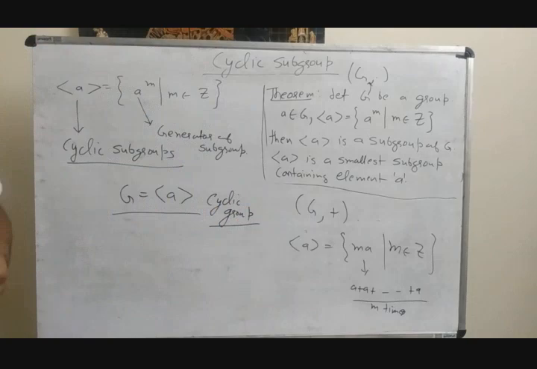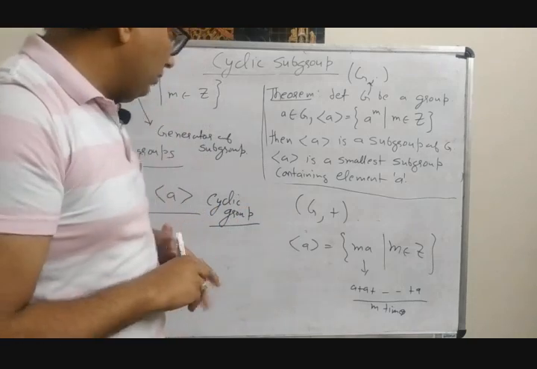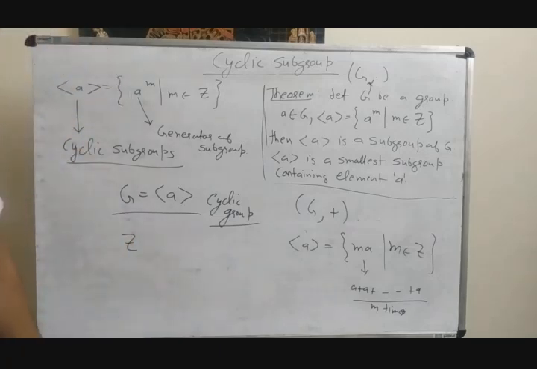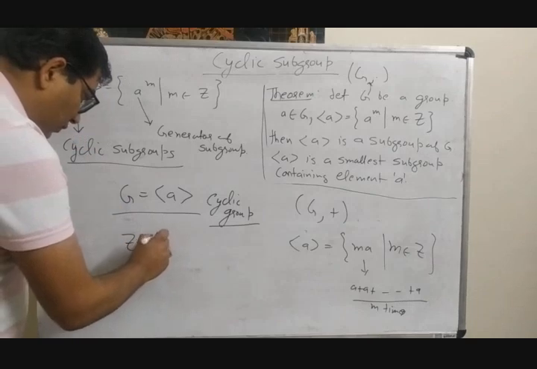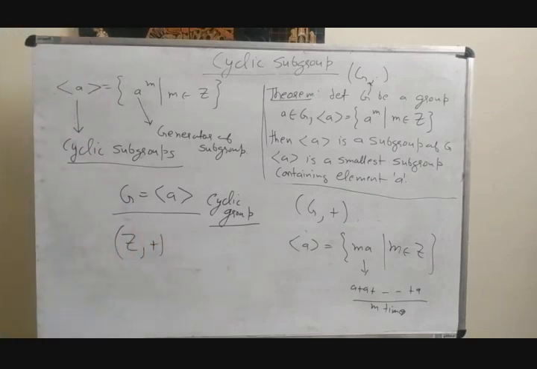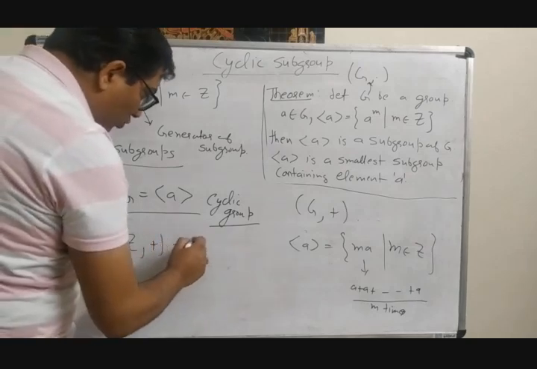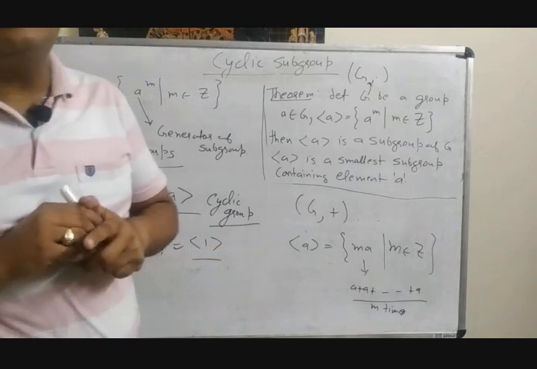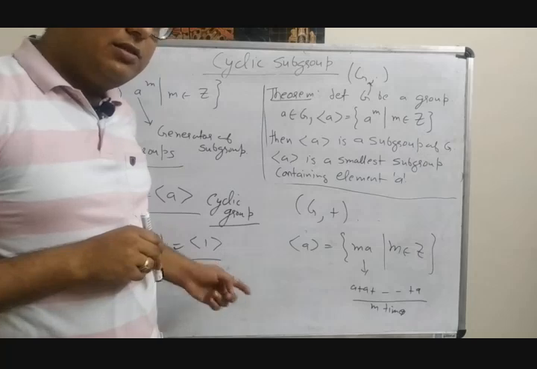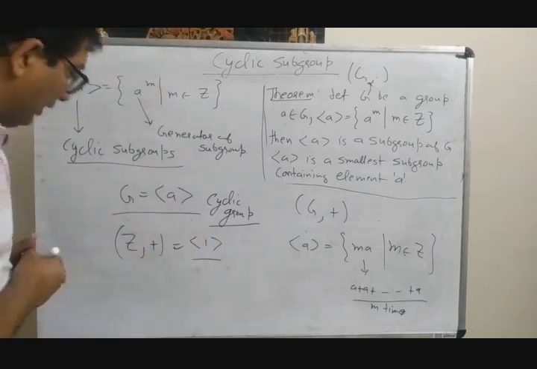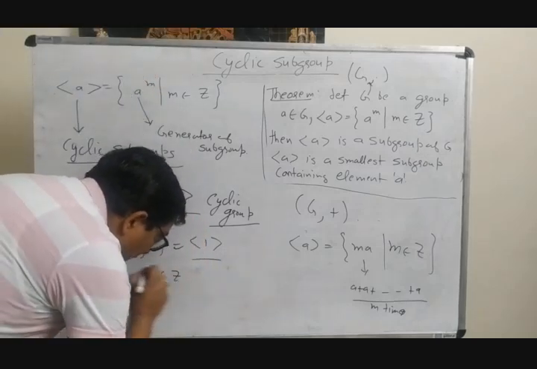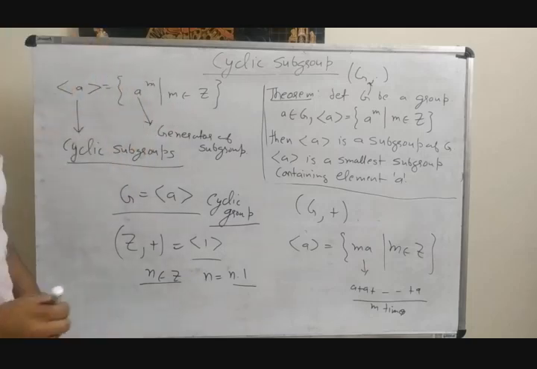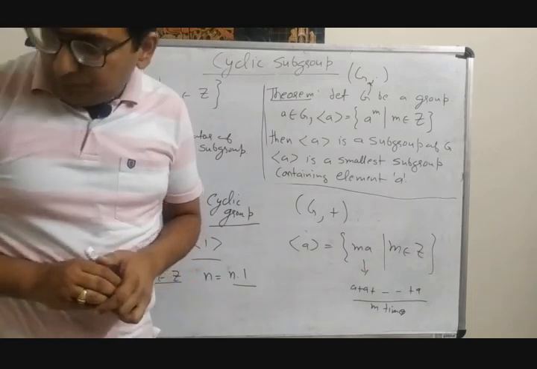For example, the set of integers with plus sign is a group, we know that, and this group is generated by 1 only. We can generate this group from 1, because if n belongs to Z, then this n can be written as n into 1, and here n is an integer.